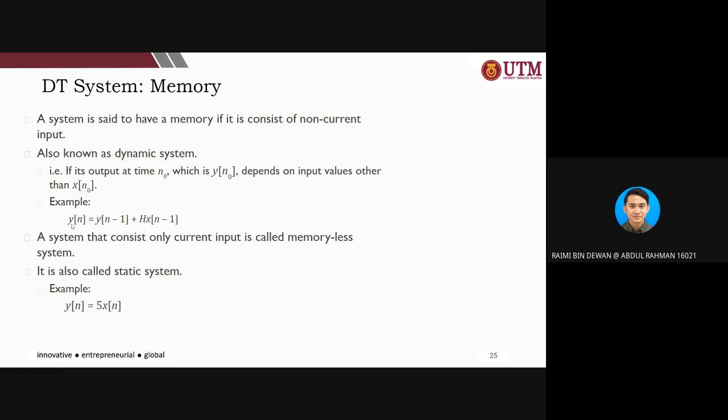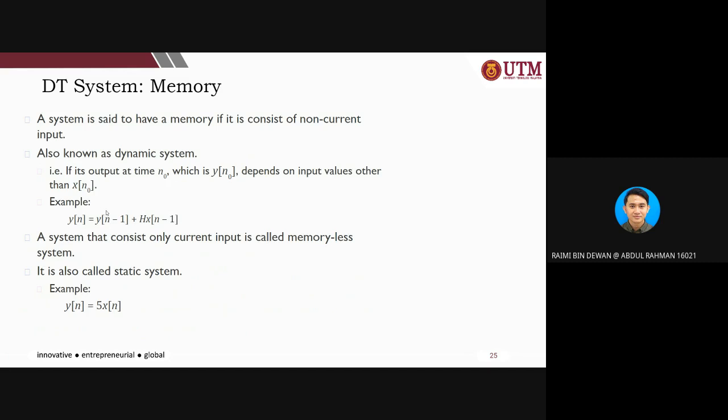For example, y[n] equals x[n minus 1] plus h[n minus 1]. You see this y[n] actually depends on n minus 1, which is a time delay, and that is not the current input.